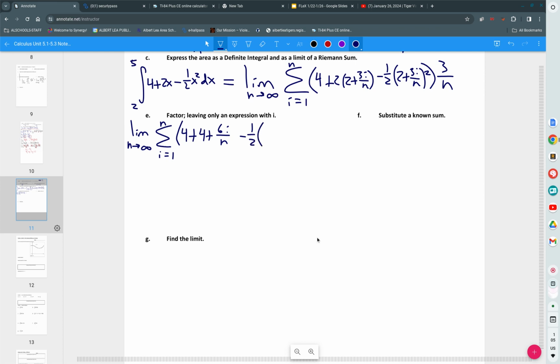I'm not ready to do that all in one step. So I'm going to take 2 plus 3i over n, and I'm going to square that. I get a 4. What's going to be in the middle? 12i over n. And then what's going to be at the very end? 9i squared over n squared.